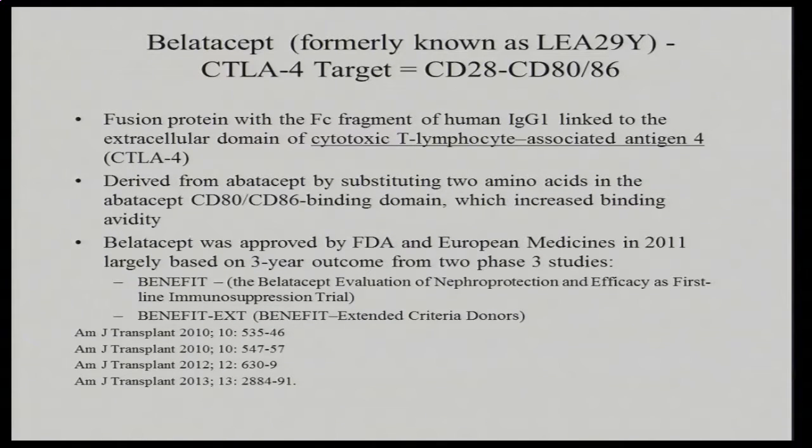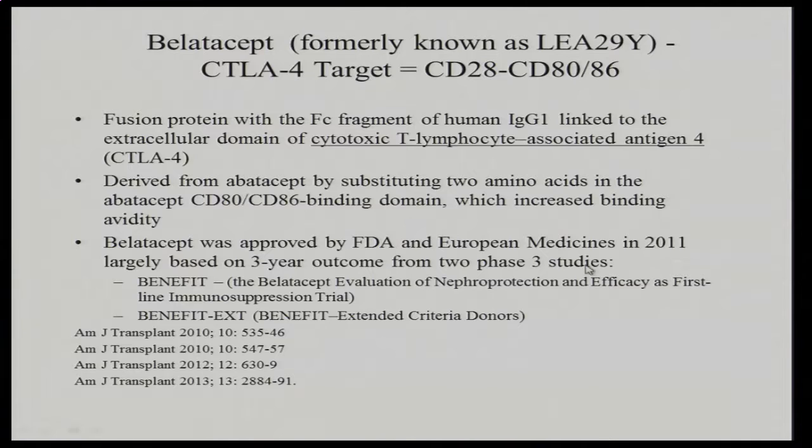The last study I wanted to mention is the use of belatacept, which has crept into the transplant literature, the so-called BENEFIT study and BENEFIT Extend, which is belatacept blocking co-stimulation, being used as a CNI-free regimen to free up patients from CNI use.